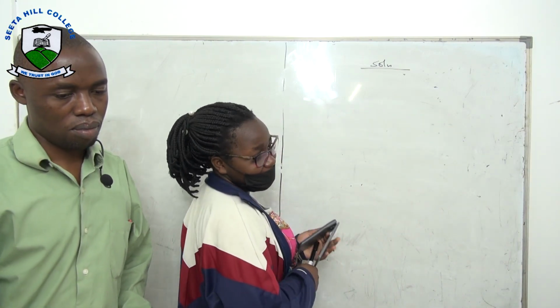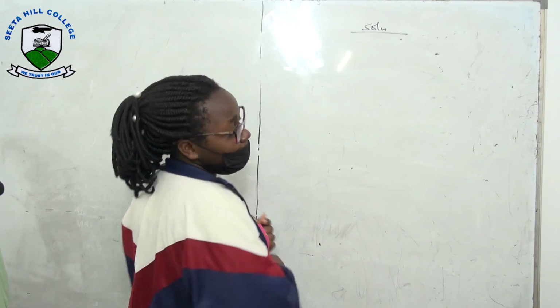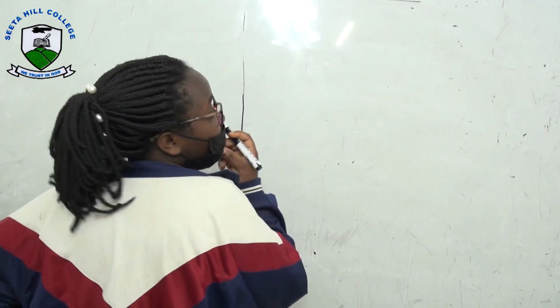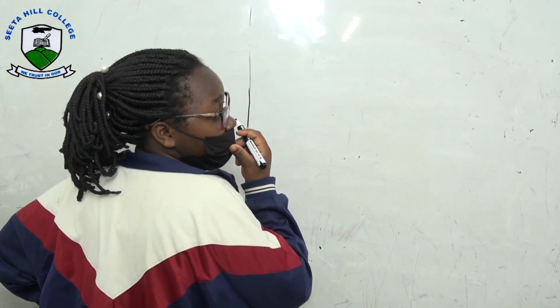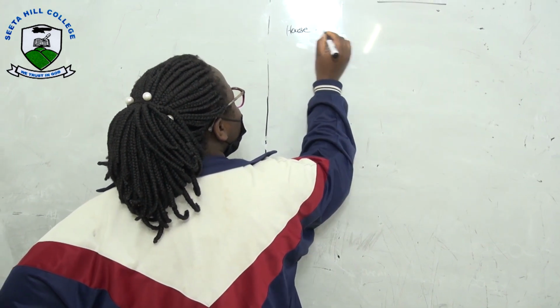Okay, the question is, Harry wishes to insure her house worth 5 million.